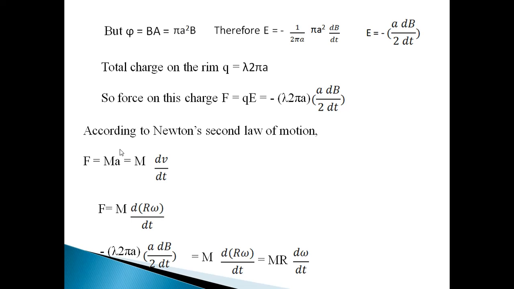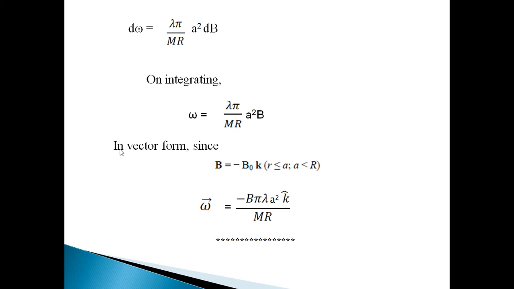Or you take r outside, it's a constant, it is equal to m r d omega by dt. Therefore, d omega equal to lambda pi by m r squared a squared dB. And when you integrate both sides, you get omega equal to lambda pi by m r a squared B.